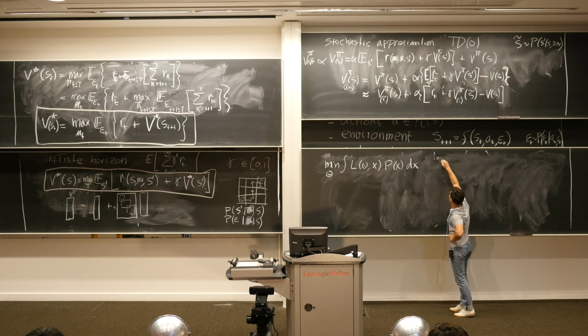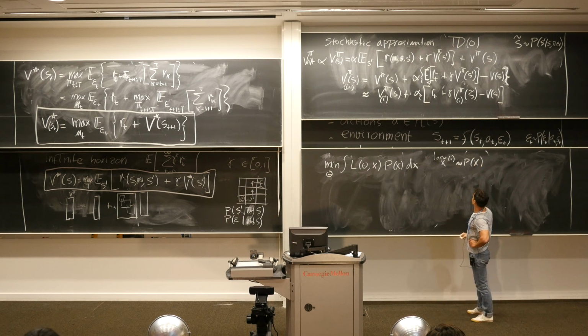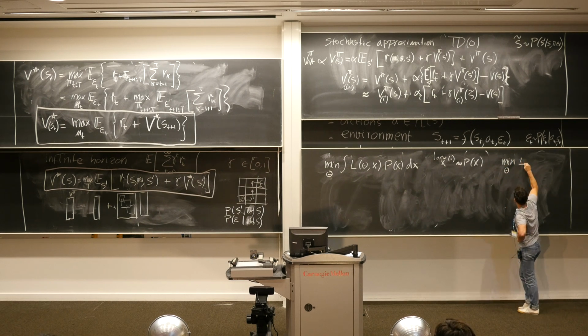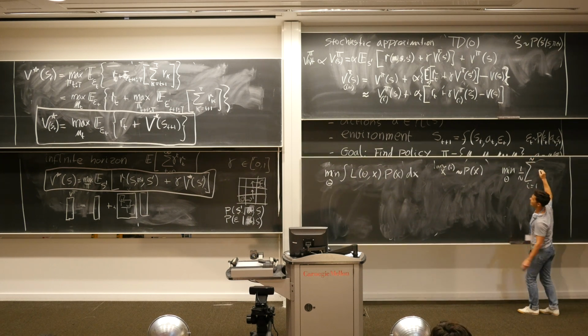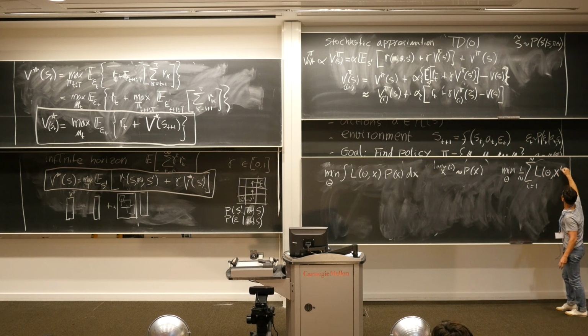So in particular, if you have data samples from the distribution of the data, then the problem takes the form: minimize over theta of 1 over n, sum from i equal 1 to n, the loss function of theta with values xi.